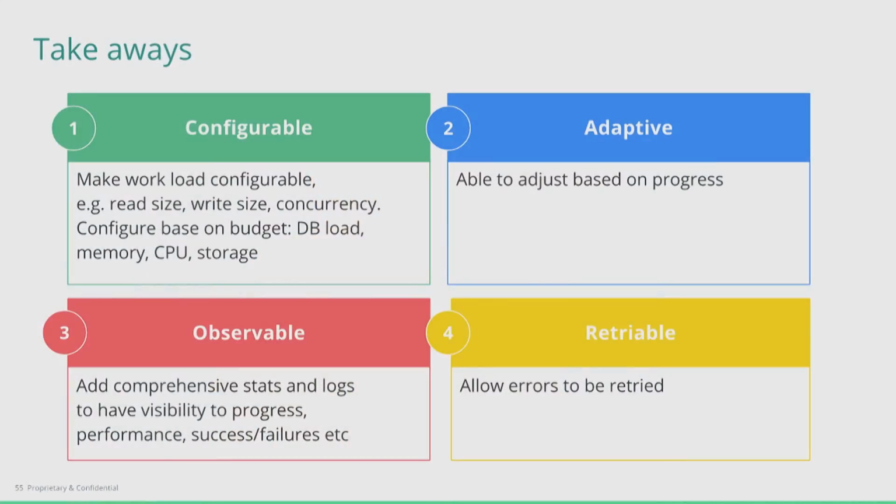And finally, some of the key takeaways. These are definitely software architecture principles, good practices that we cannot reinforce enough. Make whatever you can configurable. In our case, it was the read batch size, the write batch size, the concurrency, the number of groups.